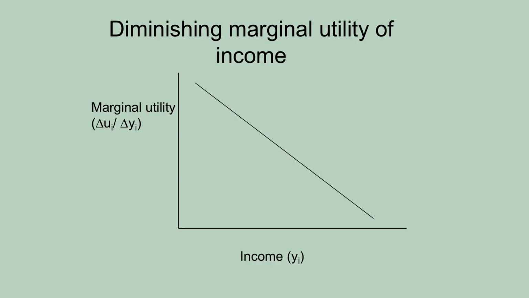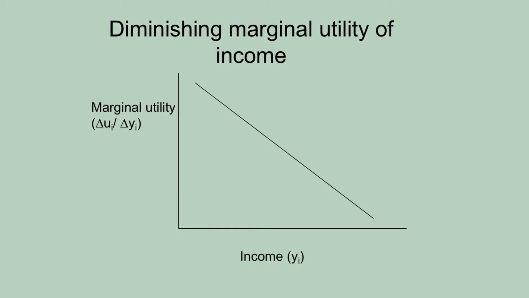That notion of the diminishing marginal utility of income, the extra utility you get from another dollar, is shown in this graph, where marginal utility is on the vertical axis, and as you get more and more income, the extra bang you get for the buck goes down.